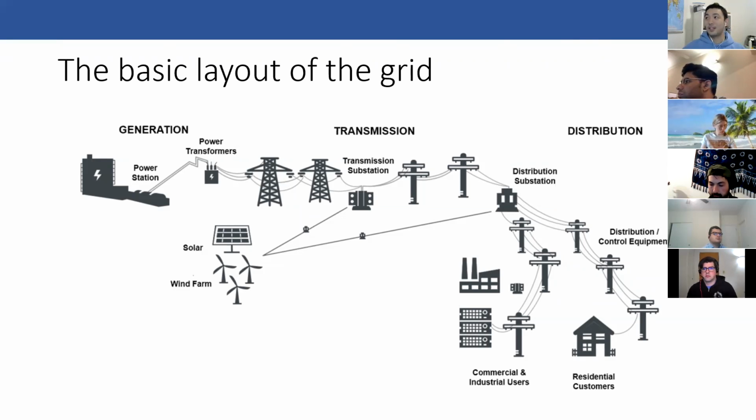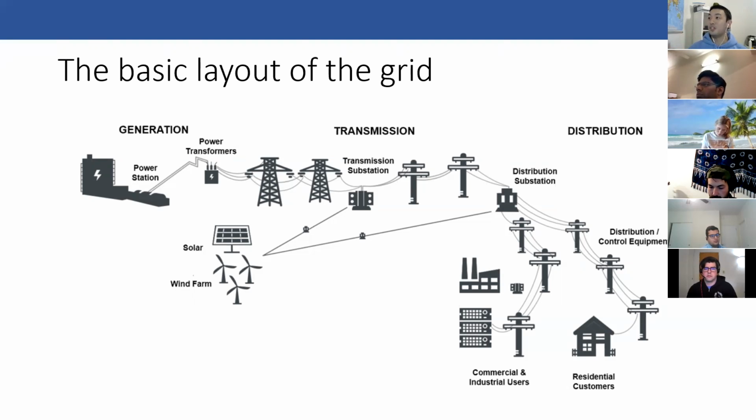As it gets closer to the end destination, you will get to substations that will reduce the voltages closer to levels that you see in the neighborhood. The way I generally like to characterize it is, the really big metal towers that you see, especially when you're driving along the freeway, are all part of the transmission system.